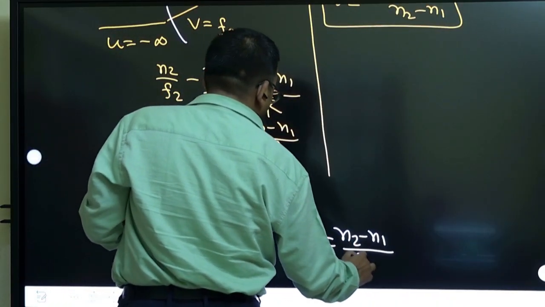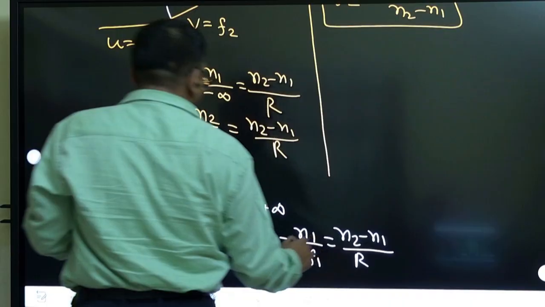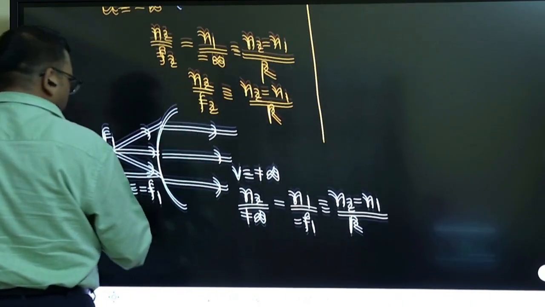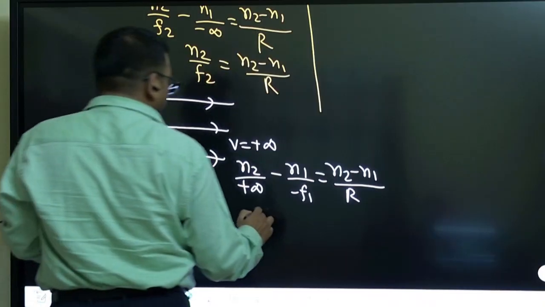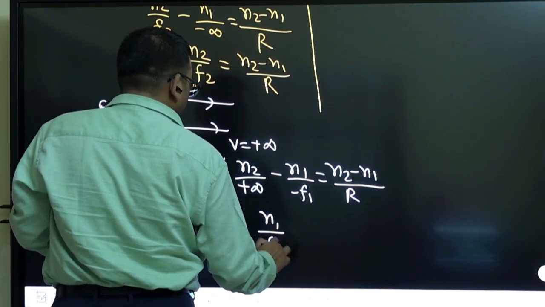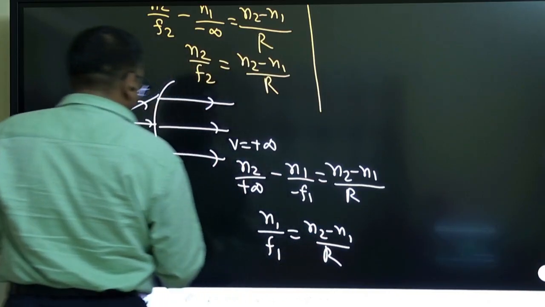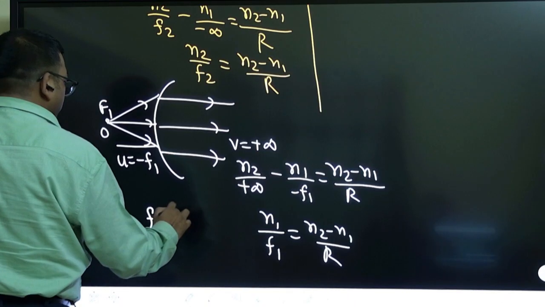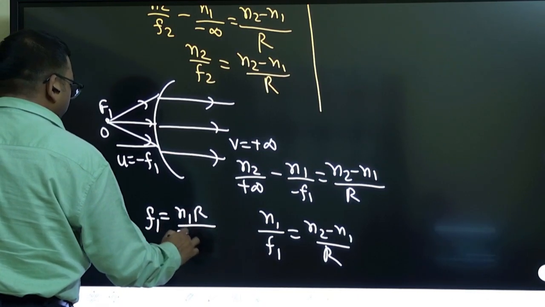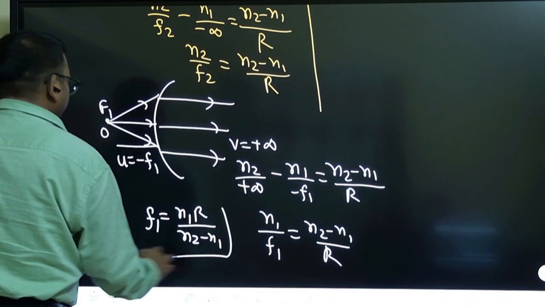R here is this r, which is positive. So from here what do we get? I think we are getting the same: n1 by f1 is equal to n2 minus n1 by r. We can calculate f1 from here, which is n1 r by n2 minus n1.